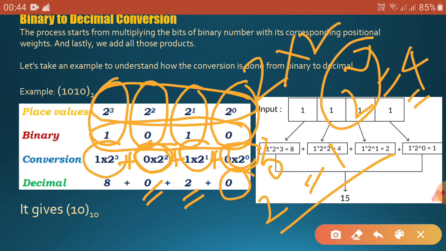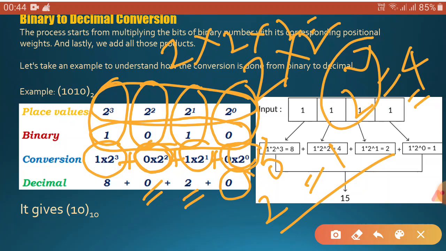Here we have 1 into 2 to the power 3. We know 2 to the power 3 means 2 into 2 into 2, which gives us 8. So 2 to the power 3 equals 8, and multiplying with 1 gives us 8.